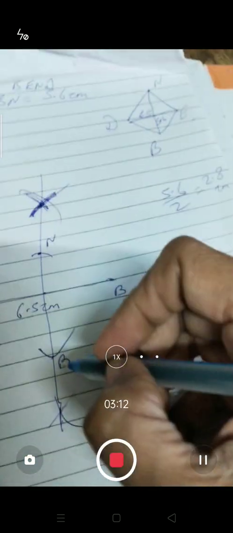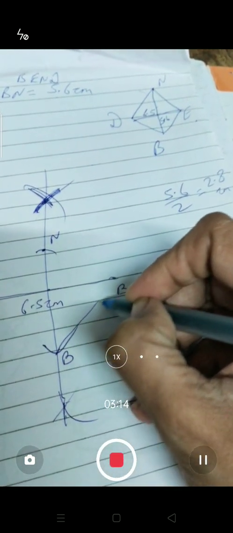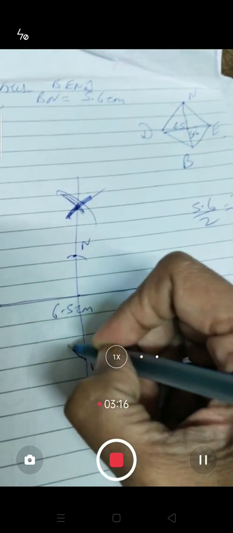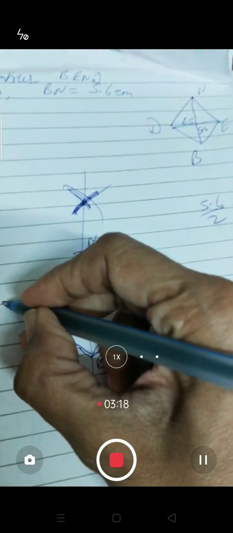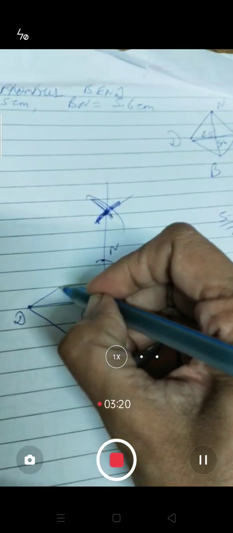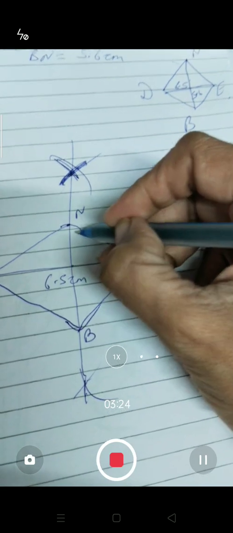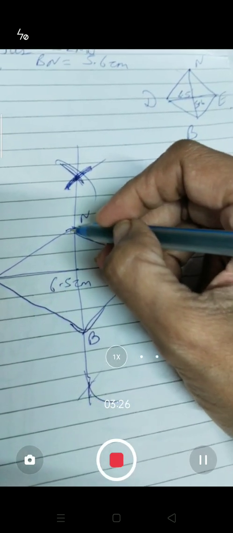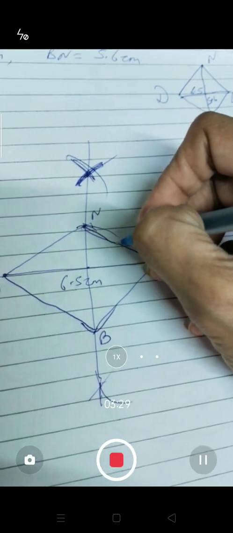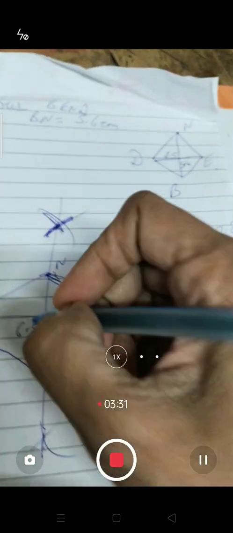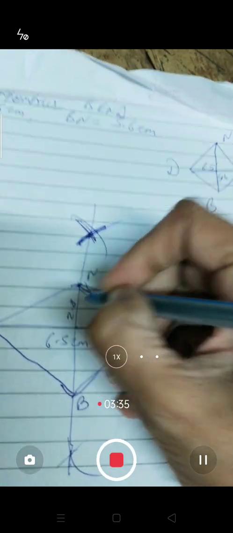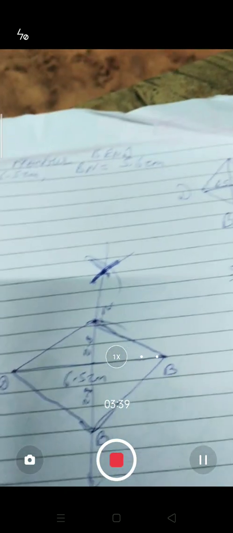Then you can just join it, connect these points with the help of a scale. And kids, please do not rub your arcs. Got it? This is how your rhombus is formed. Clear? And then you can name it if you want over here. You can write the measurement how much you took, 2.8, 2.8 centimeter. And this is how your rhombus is done.